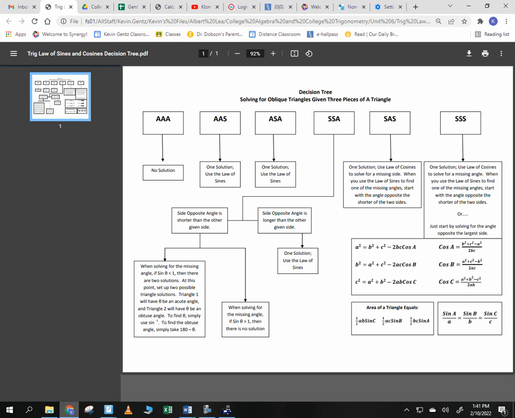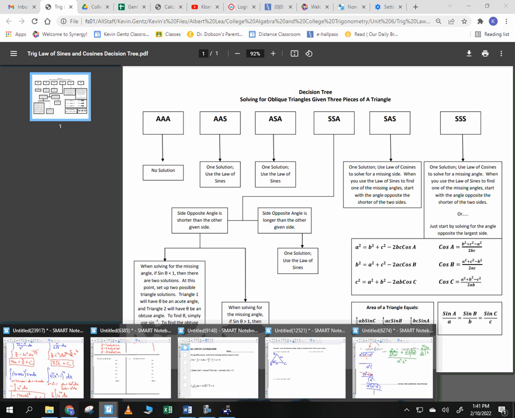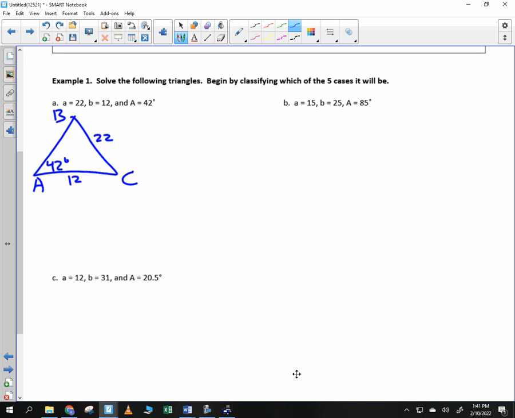So what we are doing right now is a complete recap of what you did yesterday. This is to make sure that you know what happened in yesterday's lesson. I go ahead and write down 42 degrees for angle A, 12 for side B, and 22 for side A. So, tell me how you solved this kind of problem yesterday. What did you do?